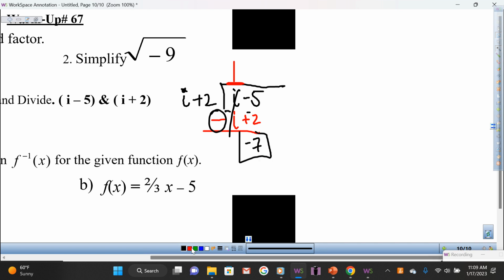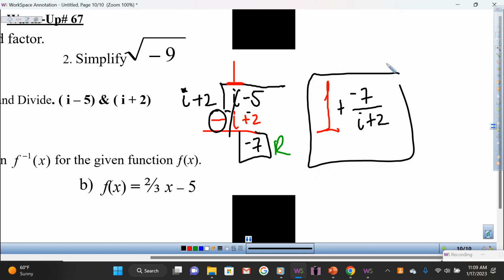There's no more terms, so that means that's my remainder. All right, so how do we write our answer? Frida, go. Let's go 1 plus -7 over i plus 2. Let's go.